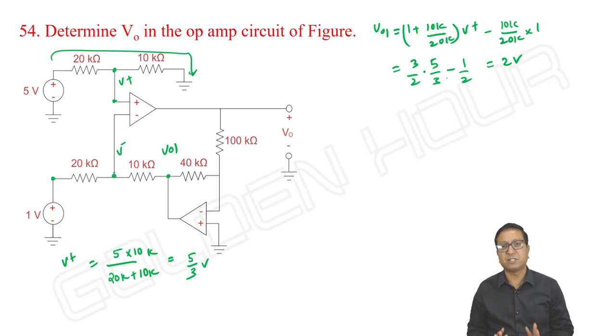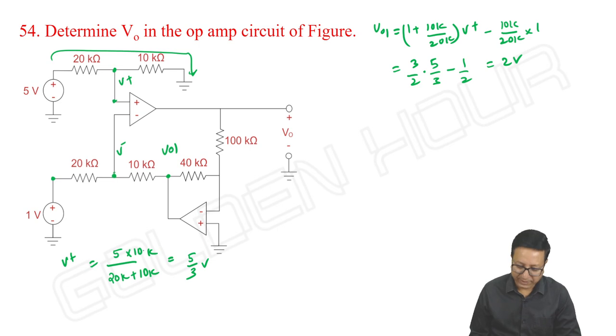You can write the node equation if you want, nothing to worry. Okay, VO1. Next, due to virtual short, it is 0 volts. Then by taking this as node B, I can find the voltage here. If you want to find the current through this, then only you use this node equation. Otherwise, don't touch this node.